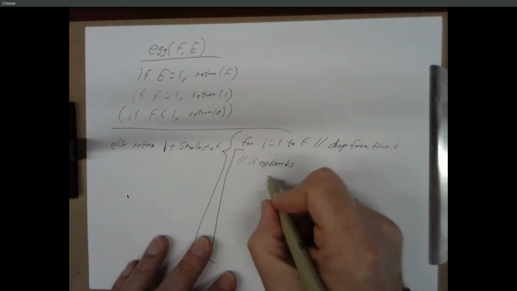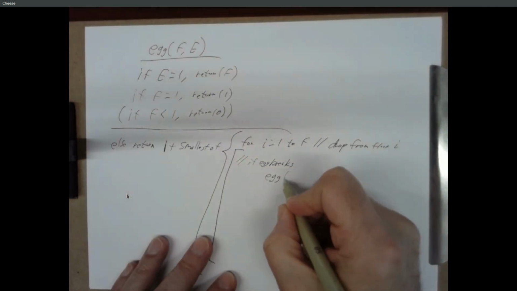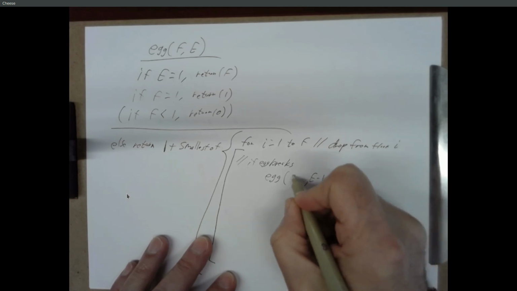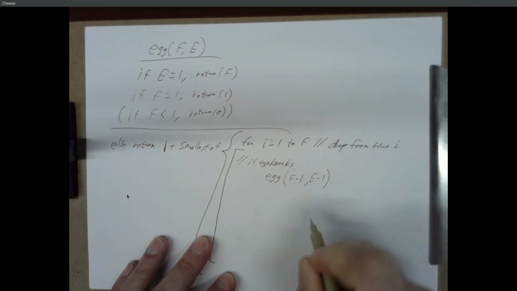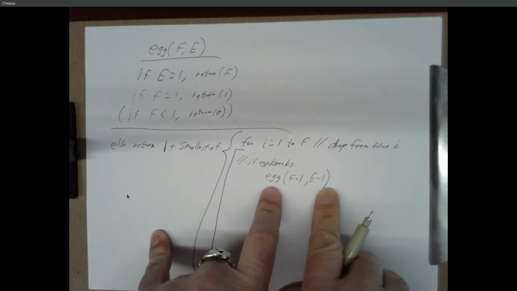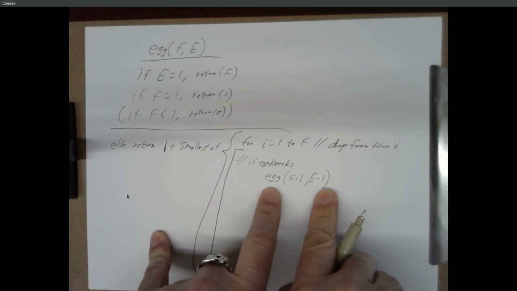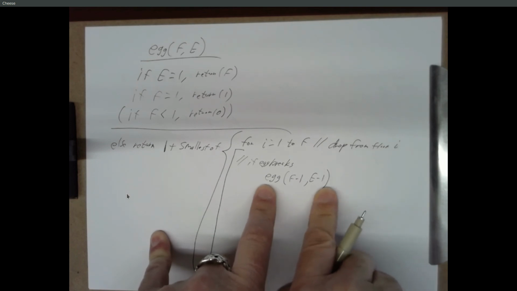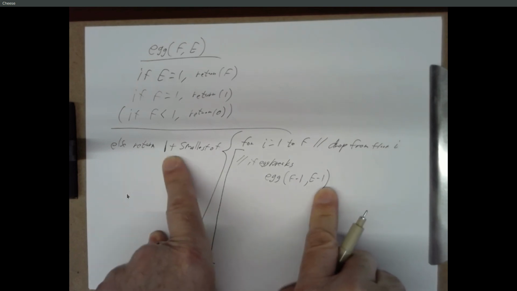So we have E minus 1 eggs left and I minus 1 floors, and this function tells us how many experiments we need to find the critical floor for this setup. If the egg breaks, this tells us how many experiments we need after the first experiment we already did.